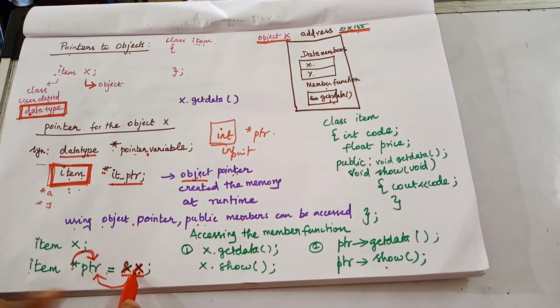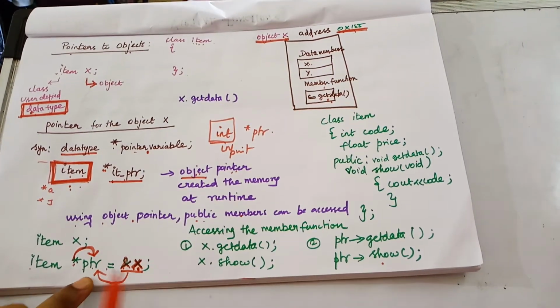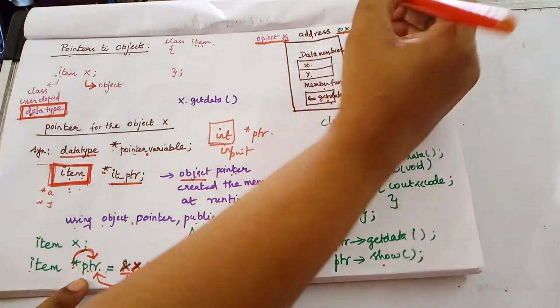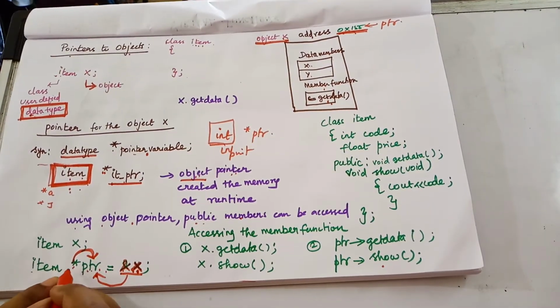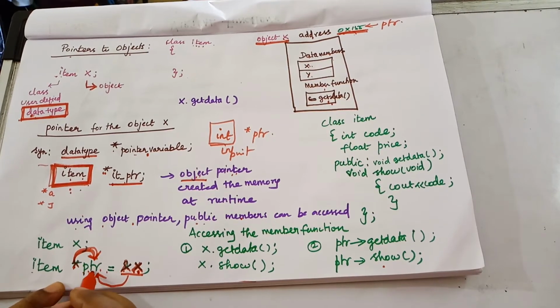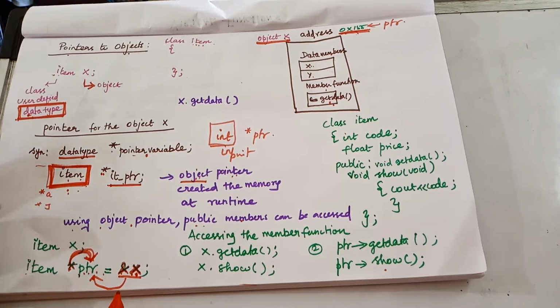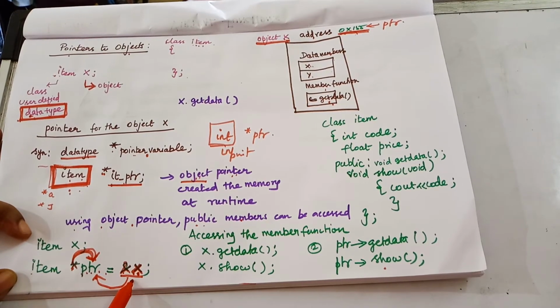See here, the object's starting address is assigned to PTR, and then the dereference operator takes a value from this PTR. Correct? In this way you have to access your data members and member functions.